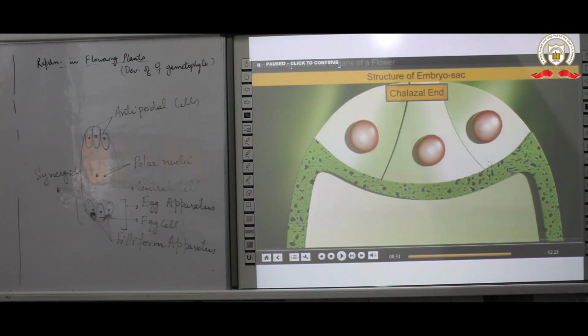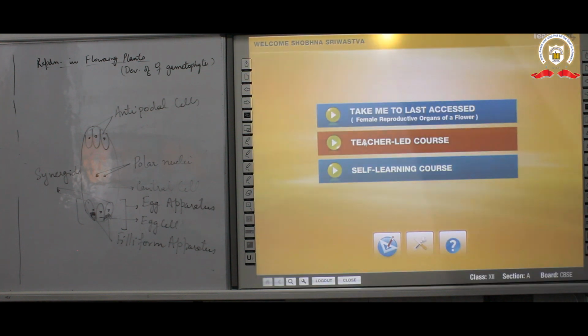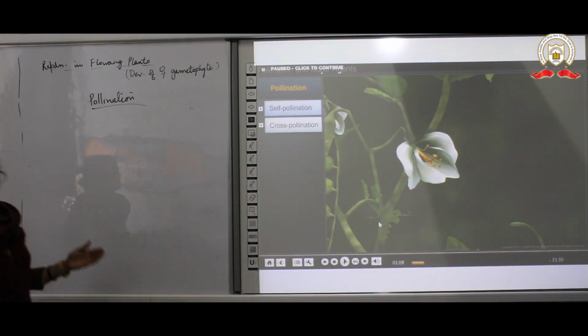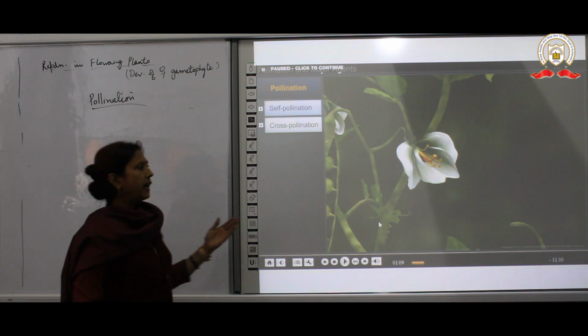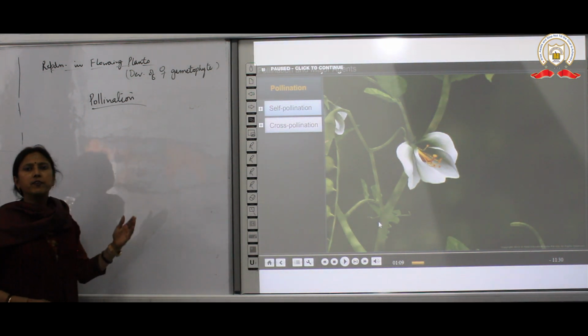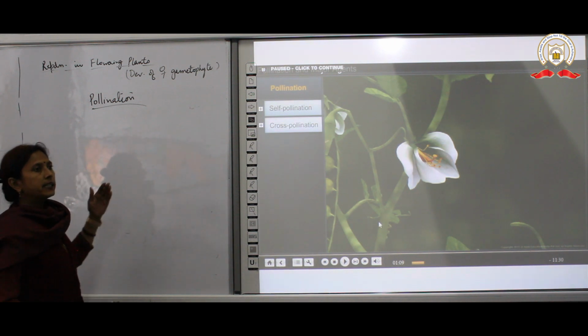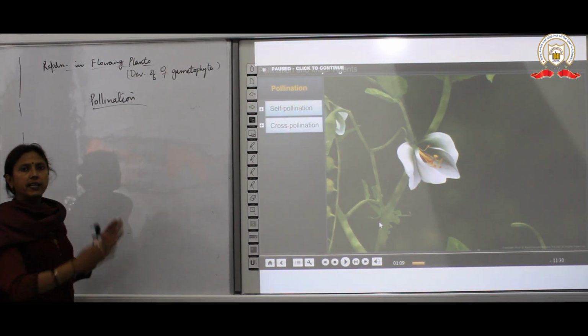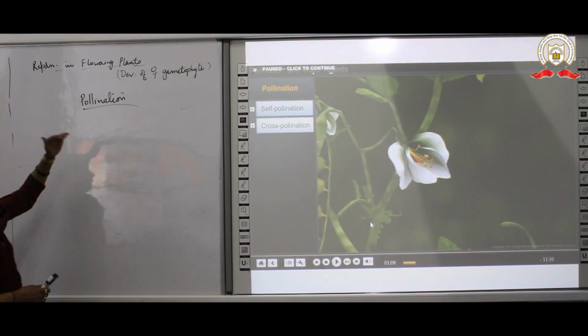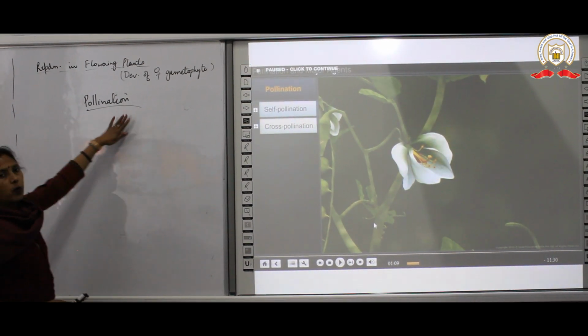Now after the formation of male and female gametophyte, the male gametophyte is the pollen grain and the female gametophyte is the embryo sac. The next step for the pre-fertilization event is the transfer of pollen, and in the case of plants we call it pollination.